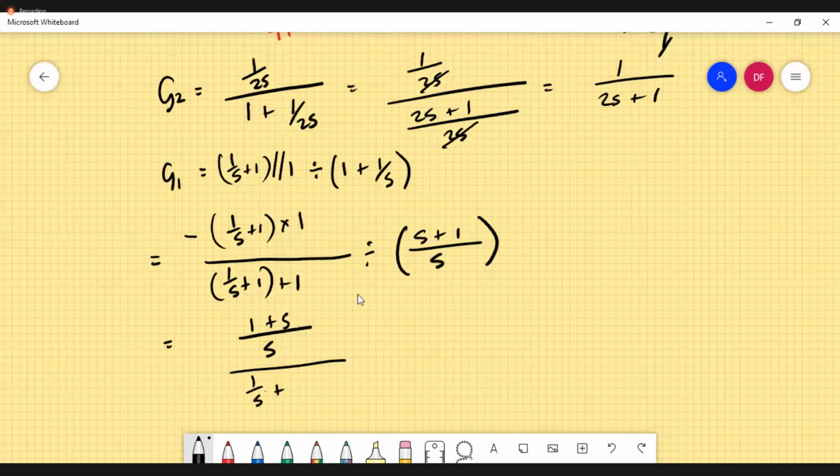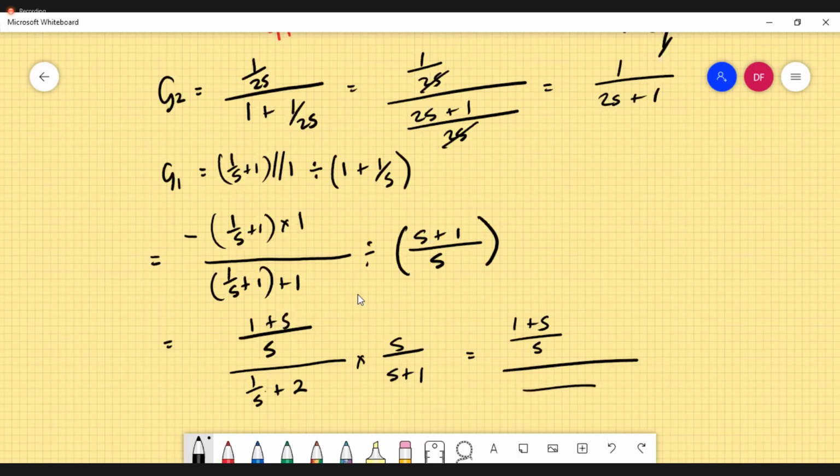This is 1 plus 1 is 2 multiplied by s over s plus 1. So this is 1 plus s over s, over s, 1 plus 2s multiplied by s over s plus 1.